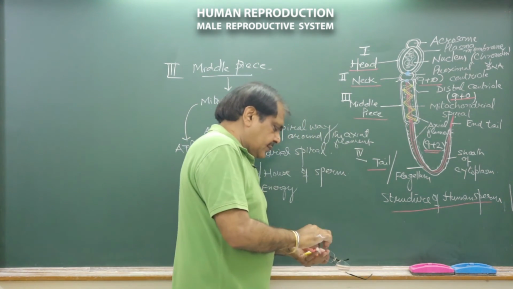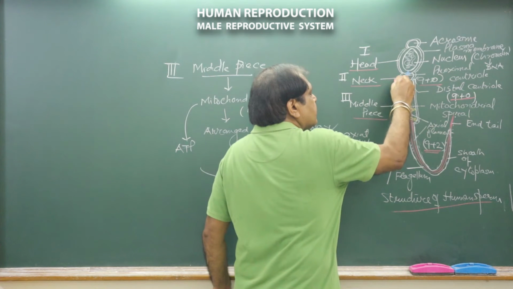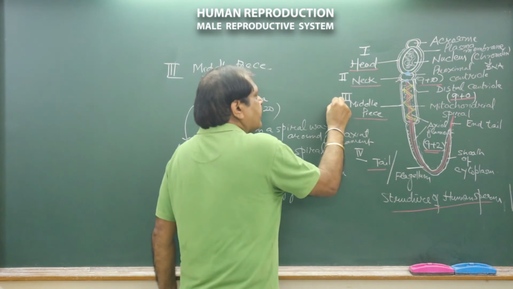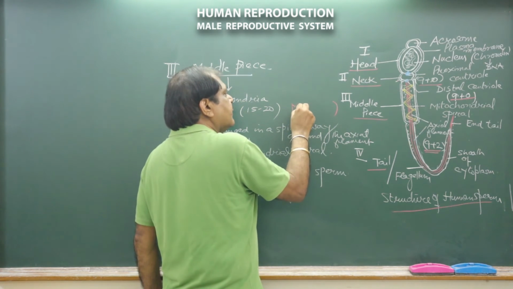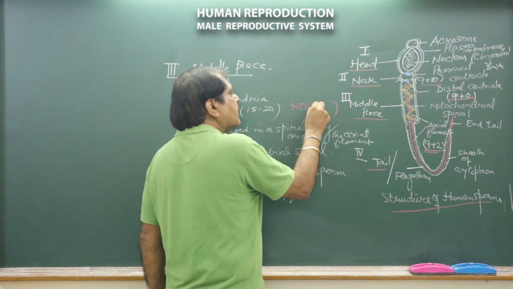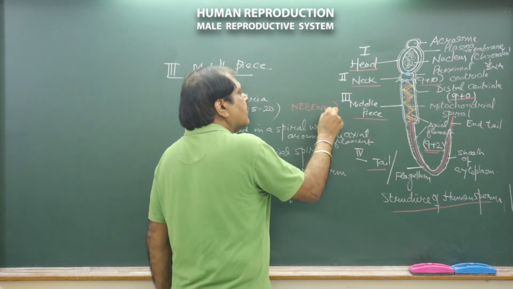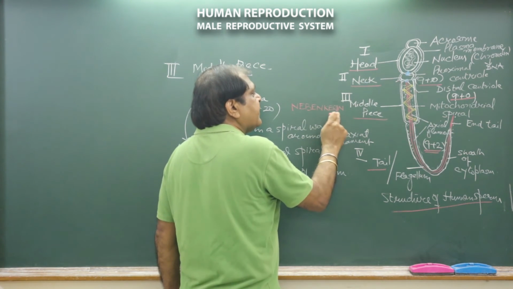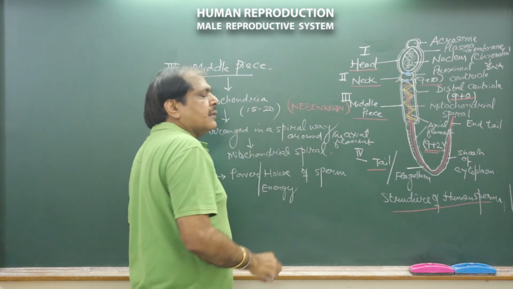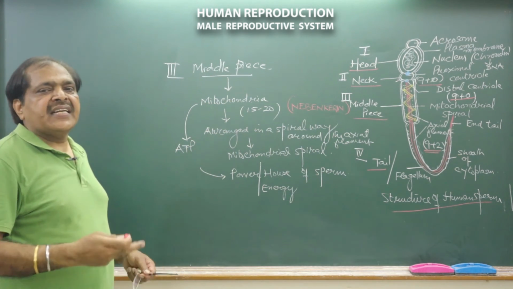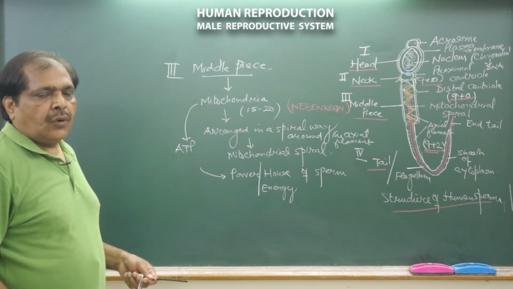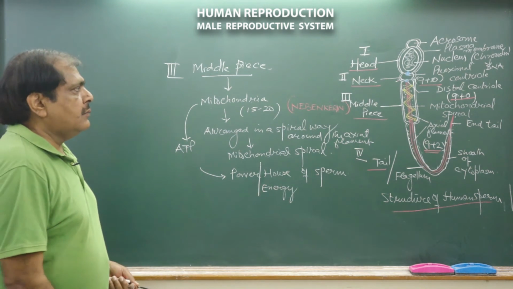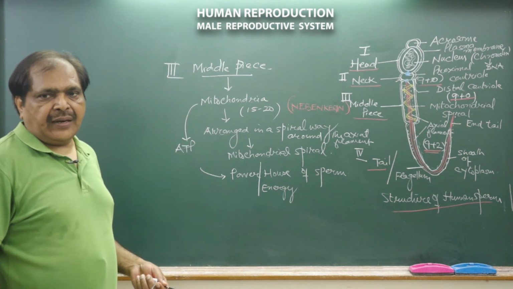This one is called Nebenkern. I mentioned it yesterday also. It is the mitochondrial spiral, or mitochondria coiled around the axial filament.